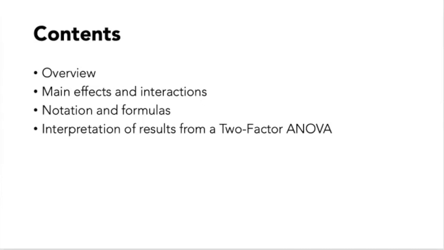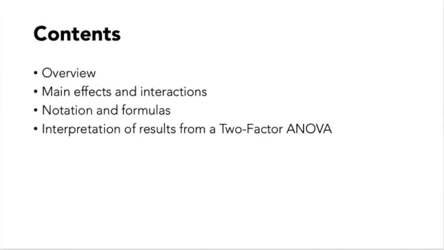And then in addition to that, I will also briefly touch upon notation and formula that is required for our manual computations. And finally, we'll also discuss the results interpretation from the two-factor ANOVA. And also I have included a little bit about effect size calculation, how to calculate eta squared and partial eta squared from a two-way ANOVA output.